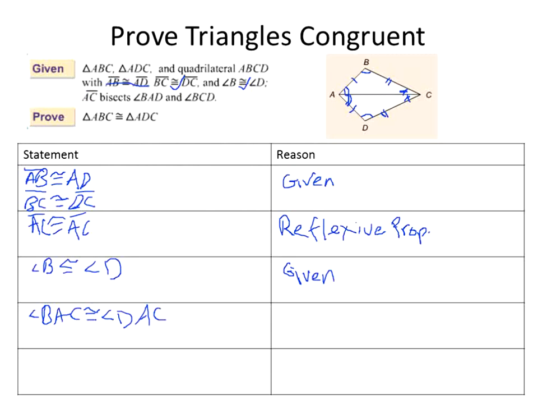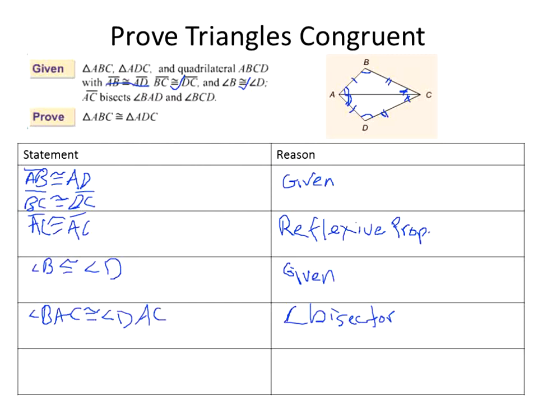So going back to a couple days ago, we have our angle bisector postulate or theorem, I can't remember which one it is, but the angle bisector piece of that. Because if it says bisect, we know it cuts it into two equal pieces.